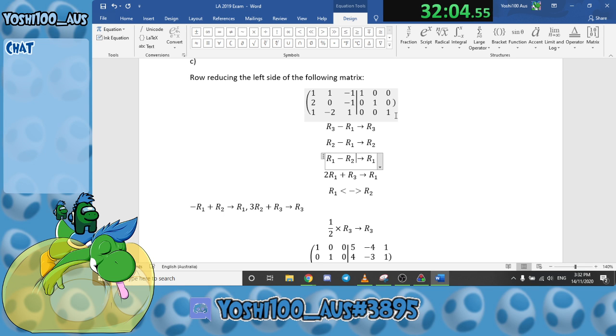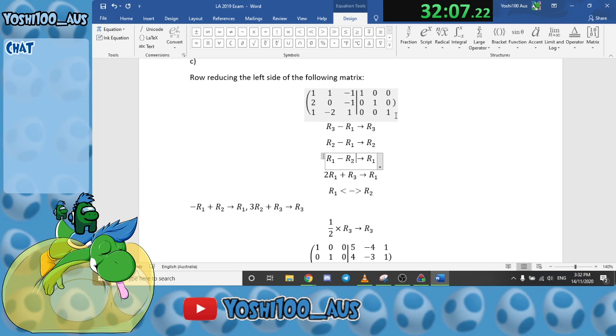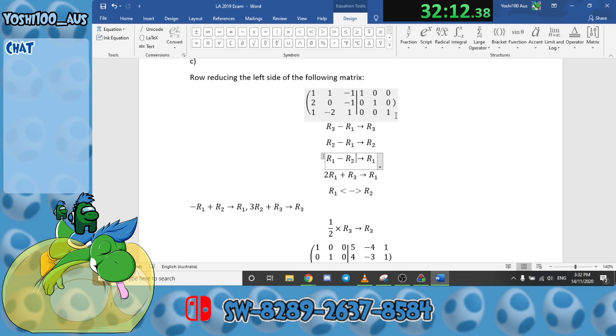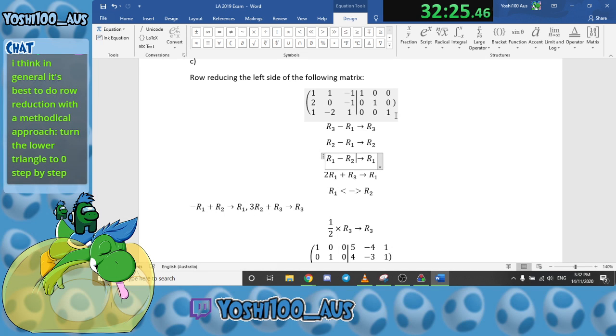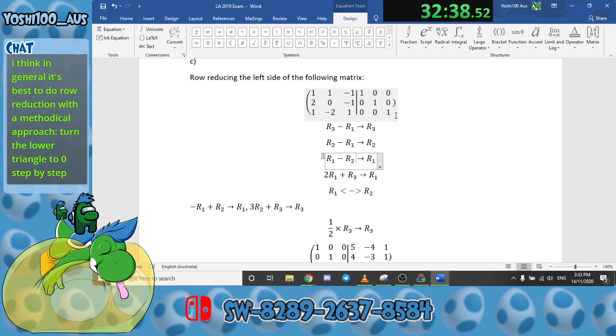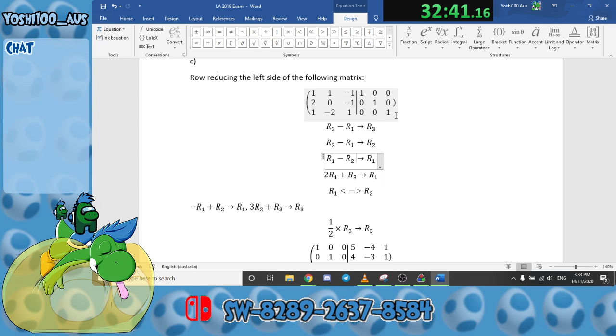Oh. You'd get that, but then you'd also have to deal with residue in column 2, right? And column 3 then becomes 1, right? Oh, but if you have 1 there, it's best to do row reduction with a methodical approach. Turn the lower triangle to 0 step by step. Yeah, yeah. That's usually how we're taught. Oh, that is how we're taught, but I don't know why I didn't follow the process.